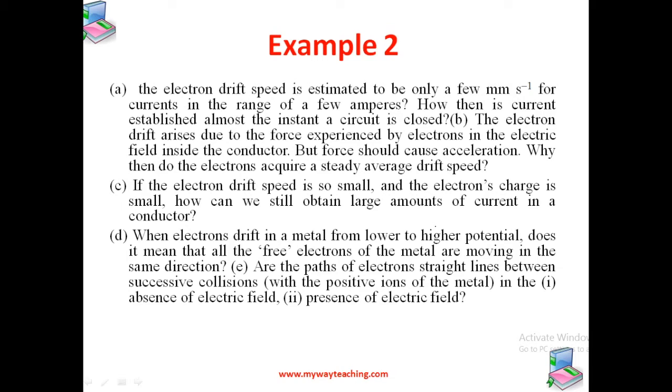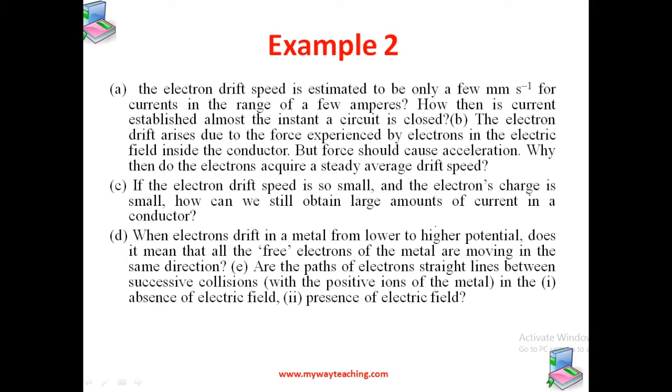So now for the first question, the electron drift speed is only a few mm per second. So how come the circuit is closed when current is established instantly? See, the electric field is established throughout the circuit almost instantly with the speed of light, causing at every point a local electron drift.